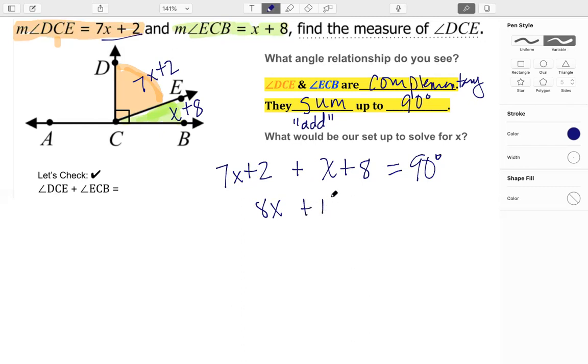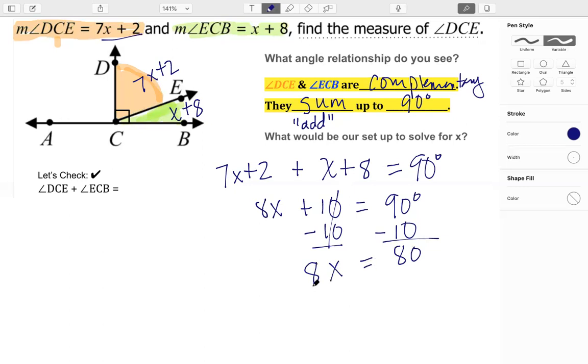We know that that's equal to 10. And we bring down our 90 degrees. We can now try to isolate x, getting everything away from x. So let's first subtract 10. We subtract 10 on both sides. On the right, 90 minus 10 is equal to 80. And we bring down the 8x.